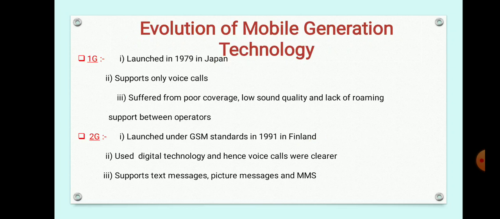So next I am going to a topic, evolution of mobile generation technology. Before this topic, there is another topic given in your notes, that is evolution of communication system. Evolution of communication systems is already given in your notes that I have shared with you. So just go through it.